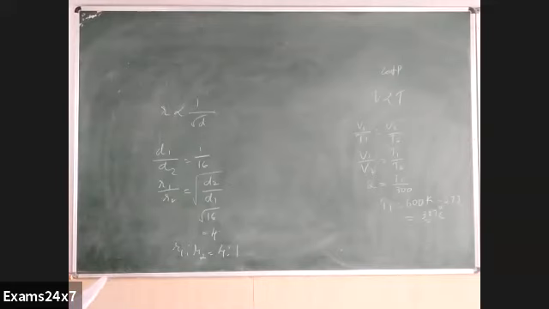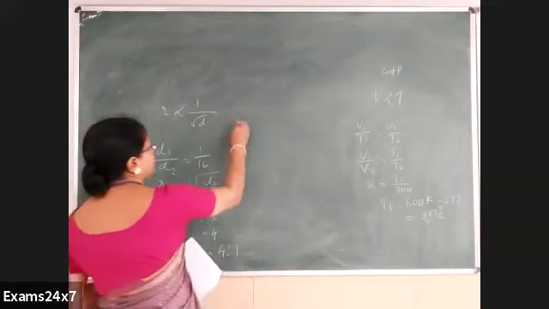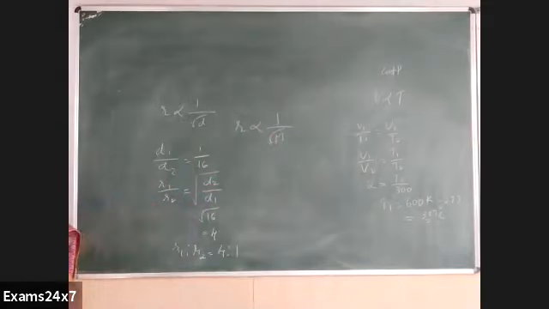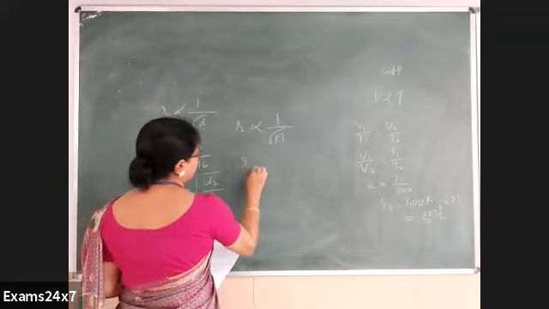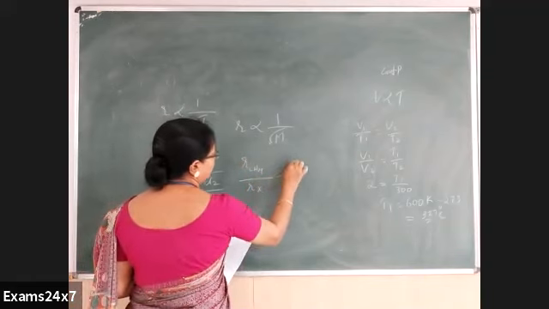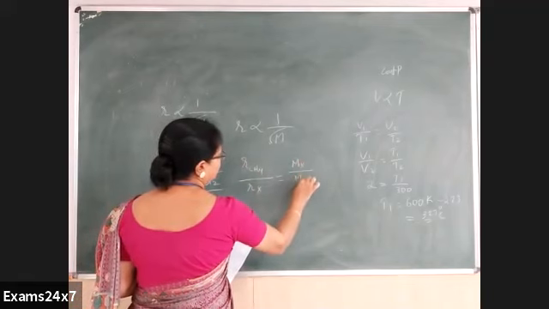17th question. The rate of diffusion of methane at a temperature is twice that of X. Find the molar mass of X. Again, this is related to rate of diffusion, which is proportional to 1 by square root of M. They have given that the rate of diffusion of methane at a given temperature is twice that of X. Rate of diffusion of methane, CH4, divided by rate of X equal to square root of M of X by M of methane.